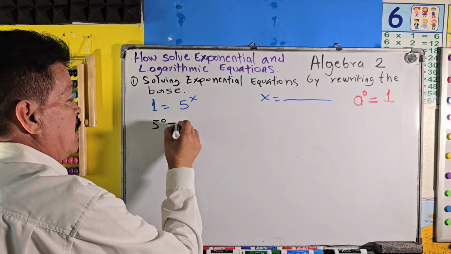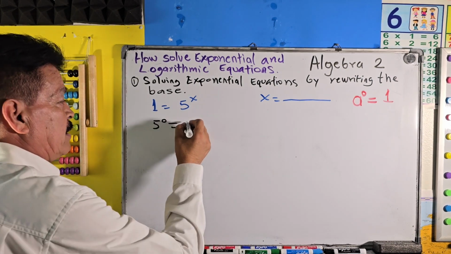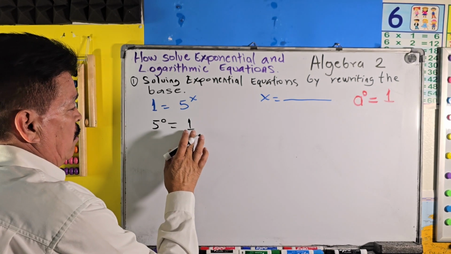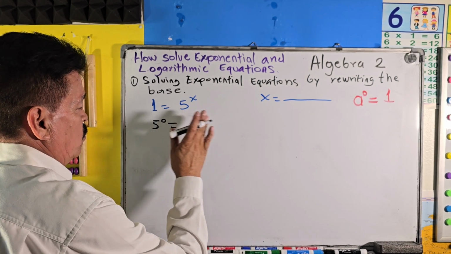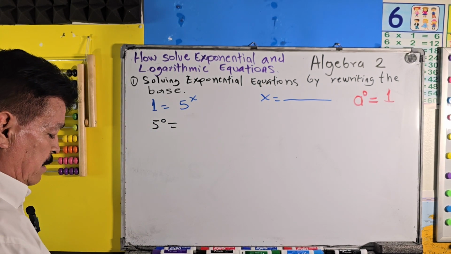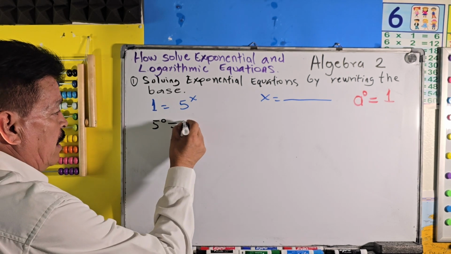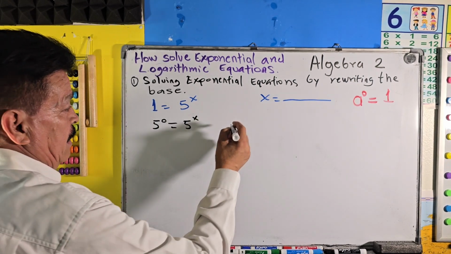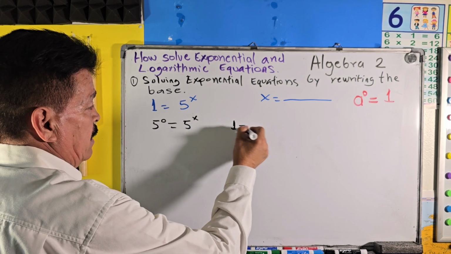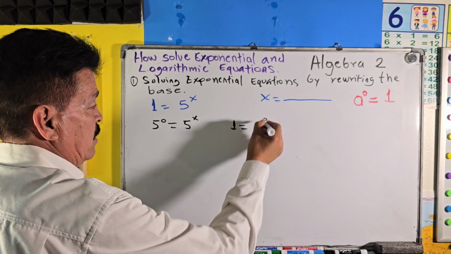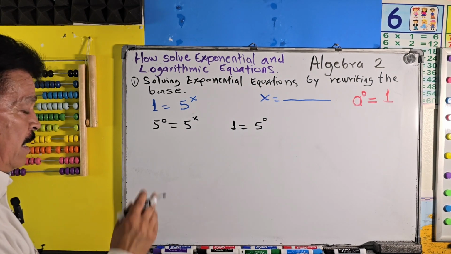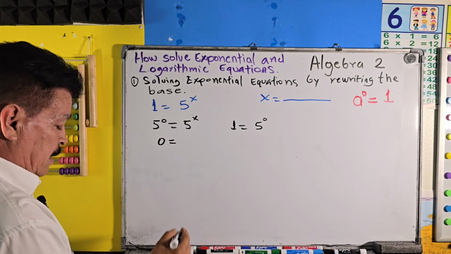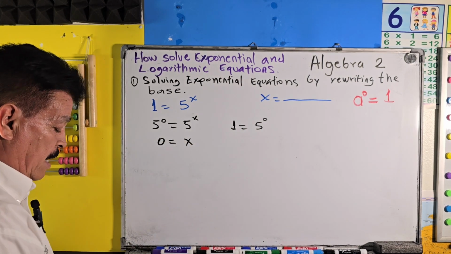Remember this rule, it equals how much? 1, right? Not yet, it's just 5 to the 0 power. Let's write 5 to the x power, step by step. Like I told you, 1 equals 5 to the 0 power. So here, 0 equals x, right?